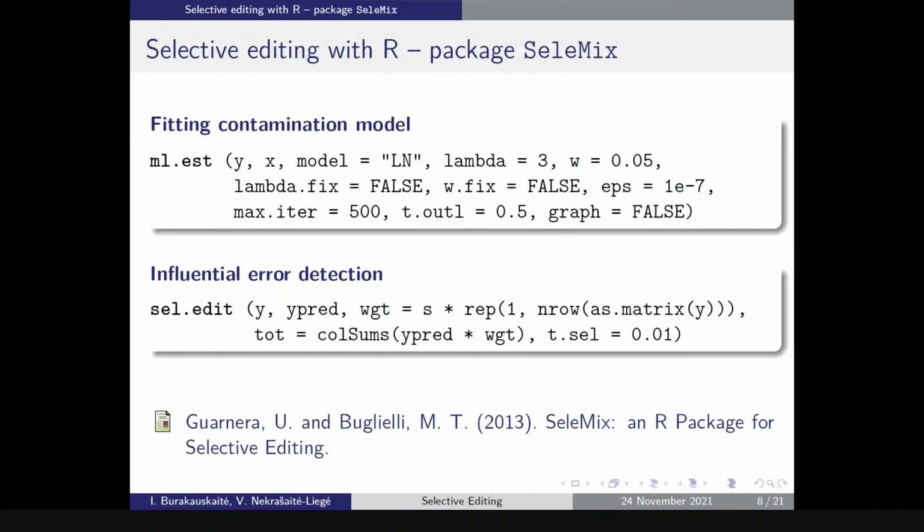The second one, cell.edit, is designed to calculate score function estimates. And I want to point out that I added these two functions here with arguments that would be the default arguments, but in the second function, cell.edit, the argument weight is also multiplied by s, and this s here stands for our suspicion component.